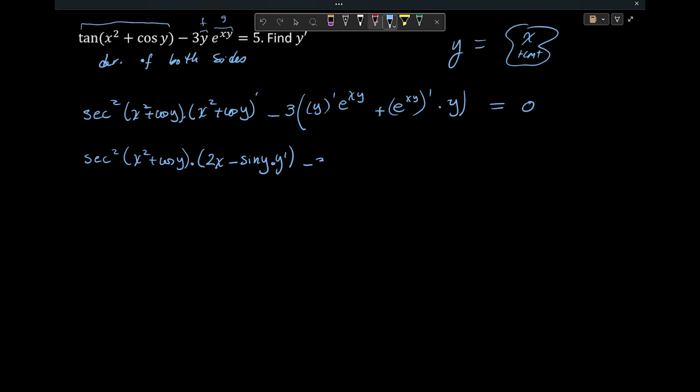Minus 3 times the derivative of y, which is just y prime, plus the derivative of e to the x y, to a function of x, is itself times the derivative of the power, times the y that sits outside, equals 0. There should be parentheses like this.